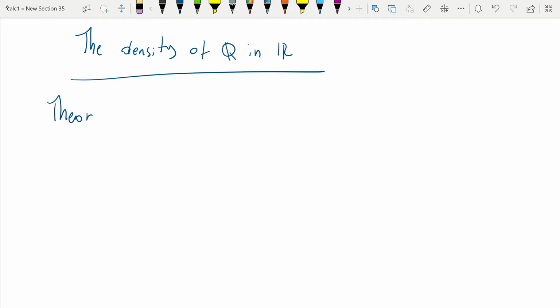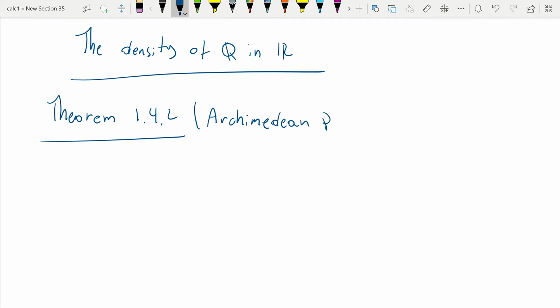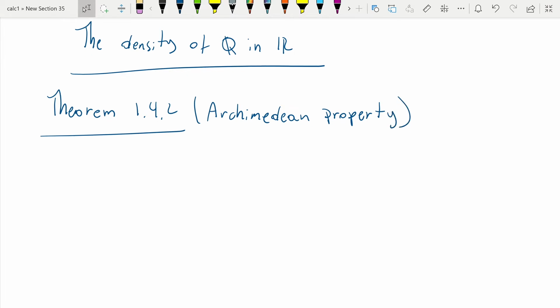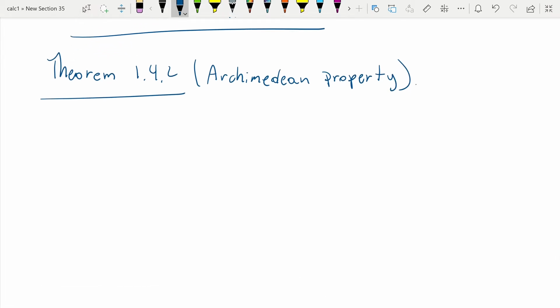So this is Theorem 1.4.2, which is finally the Archimedean property. We'll start with the first statement.